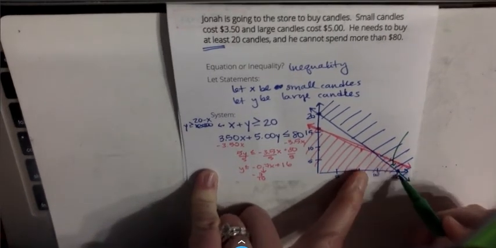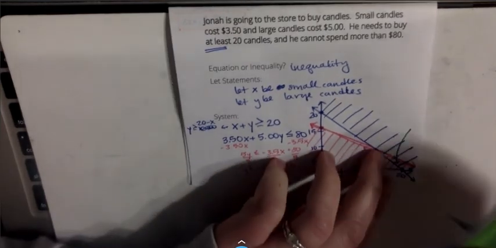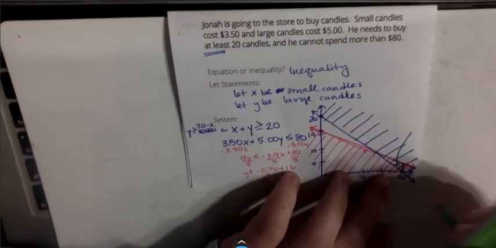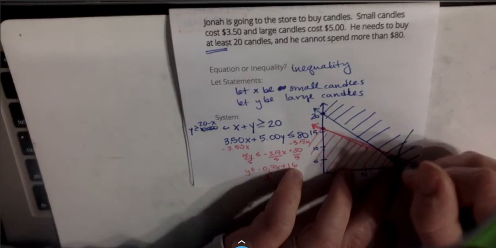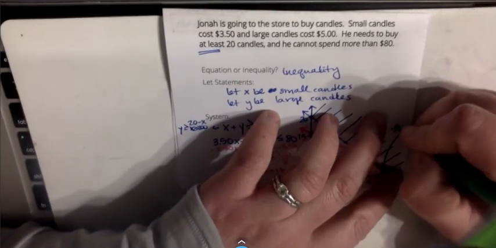These are the values that will work for Jonah's situation. Technically he can go over 20, so I'll make this really clear. That is our solution region.